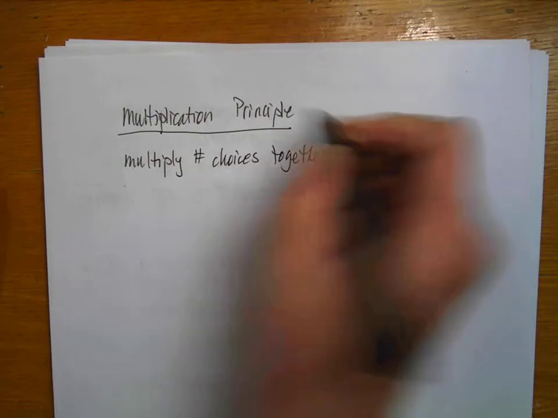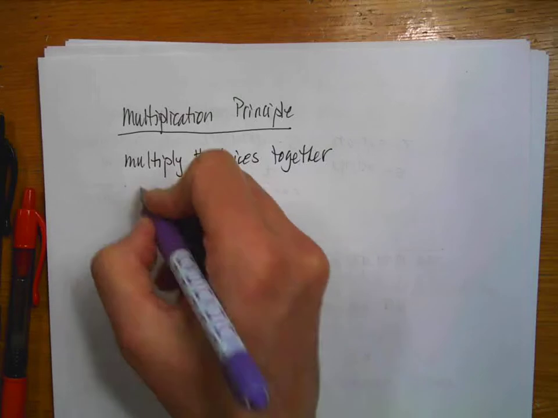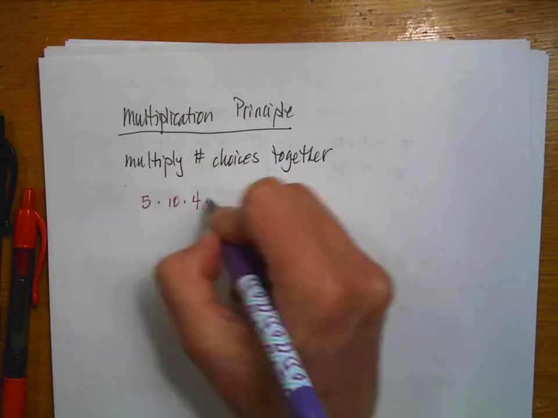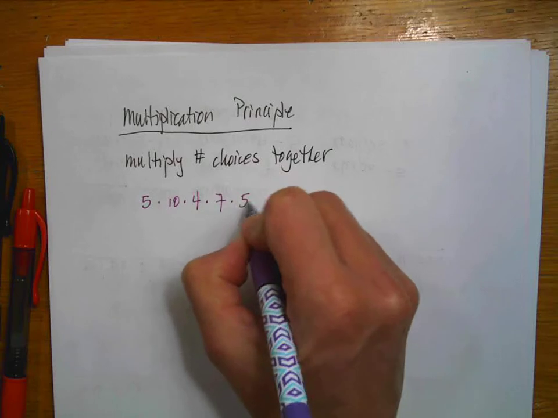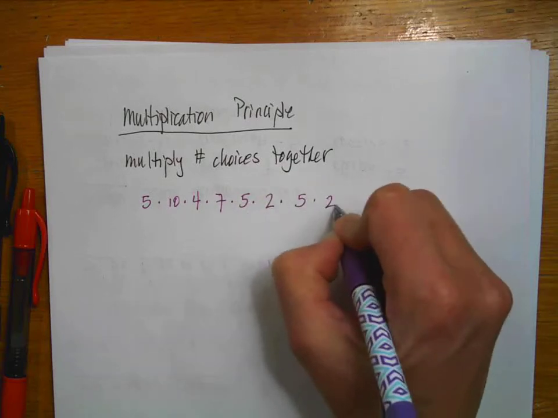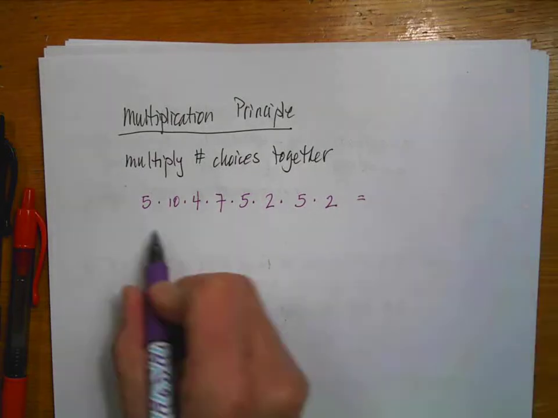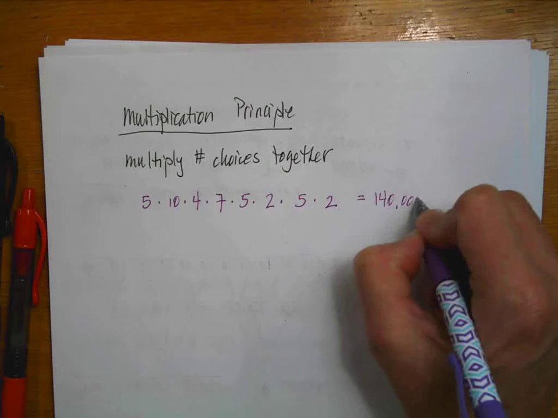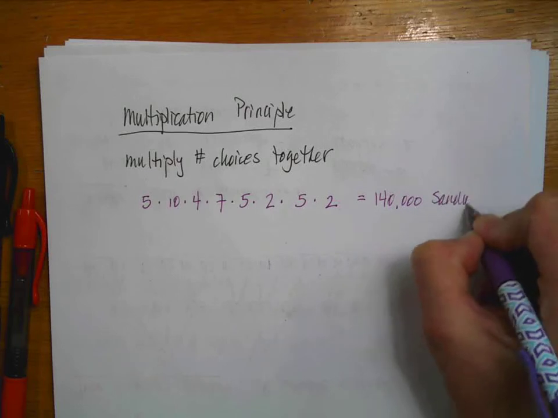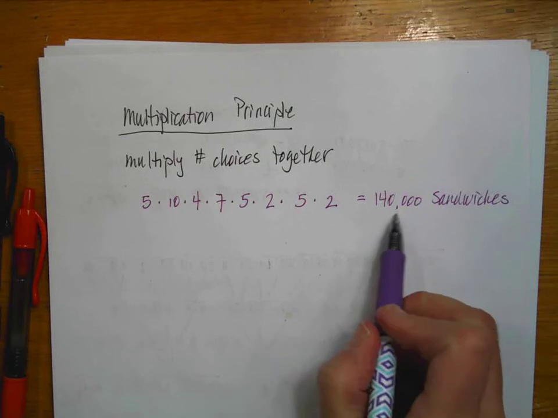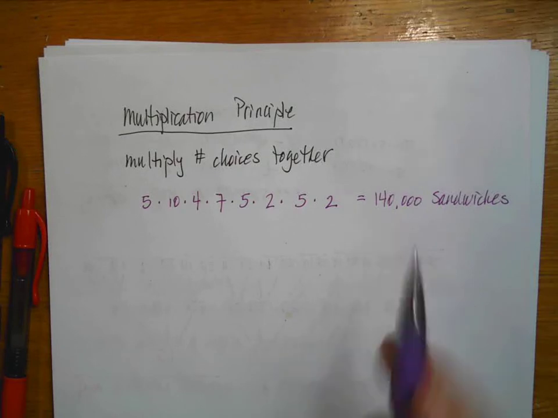If we continue with our Subway example, we said that we had 5 breads, 10 meats, 4 cheeses, 7 veggies, 5 condiments, 2 toasted, 5 chips, and 2 cookies. Well, if we multiply all of those numbers together, that could potentially make 140,000 different sandwiches. Because I guessed at all of those numbers, my assumption is that this is significantly higher.